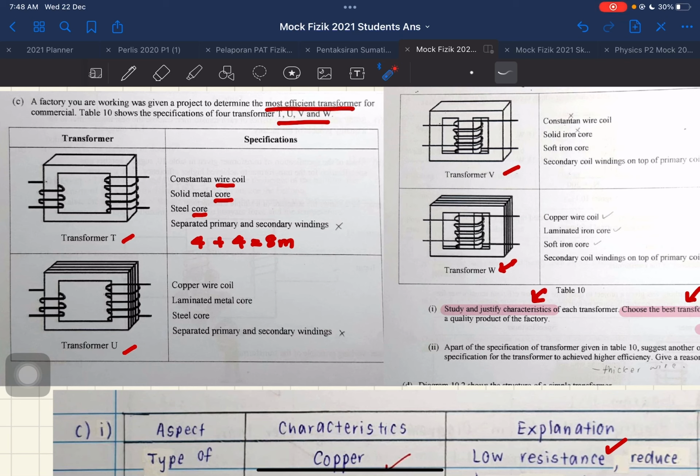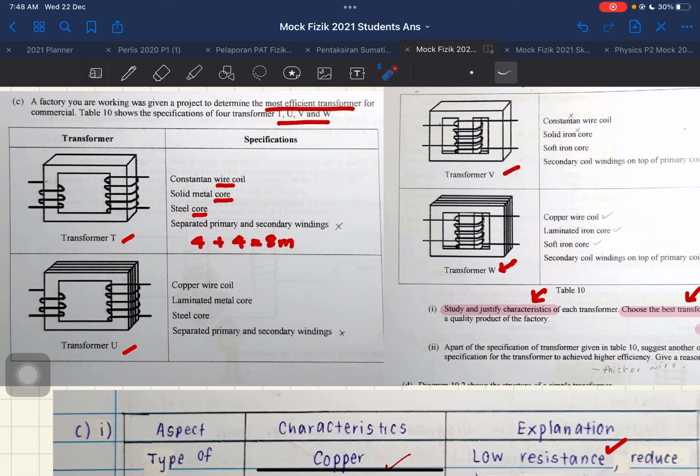At this side also like that, solid and also laminated. The third characteristic is the type of core. You are given steel core, here also steel core, here is soft iron core, and then soft iron core. That is the third characteristic.